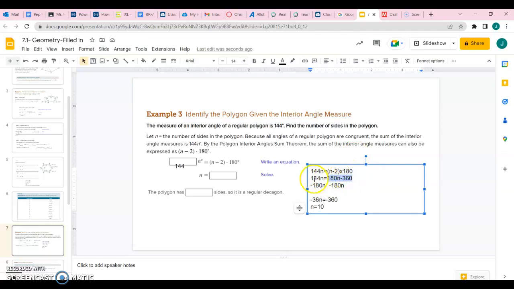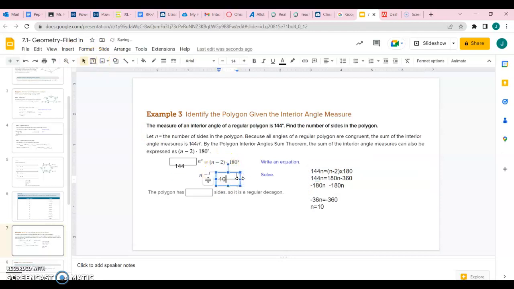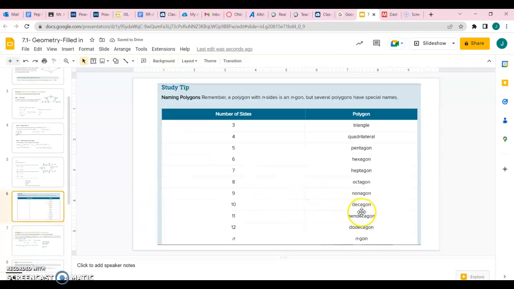The only thing that's going to change is what they gave you. So in this case, I know that n equals 10. That means my polygon has 10 sides, so it is a decagon. That's why it is important that we always come back to the cheat sheet, so that we know what we're going with.